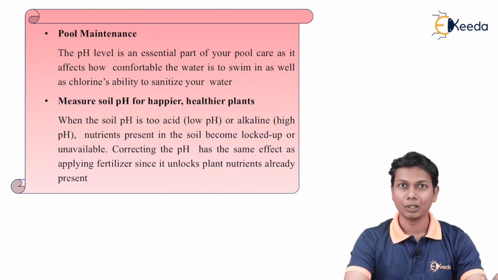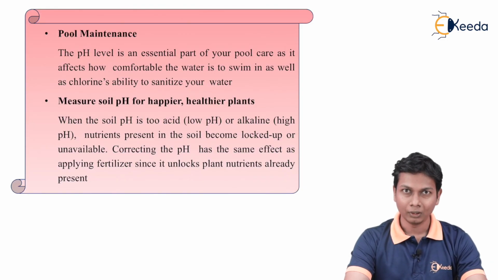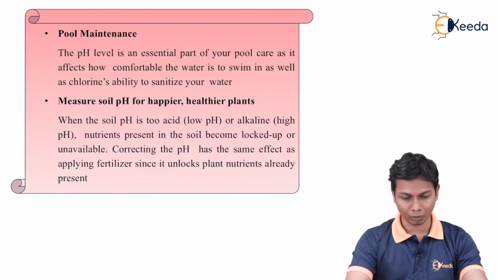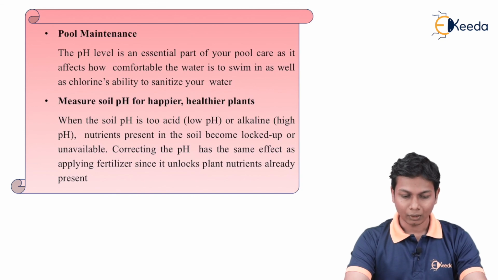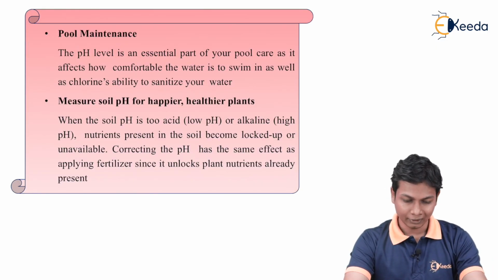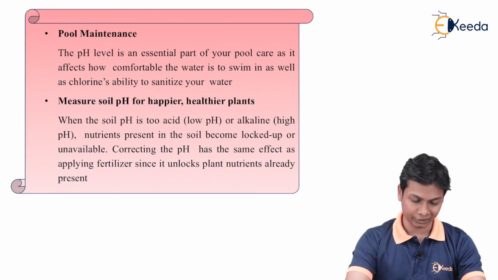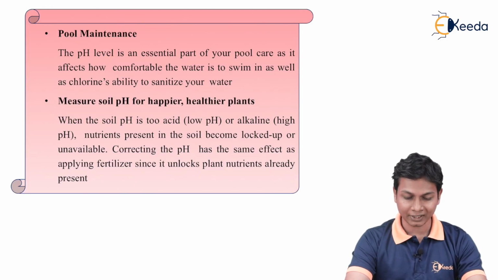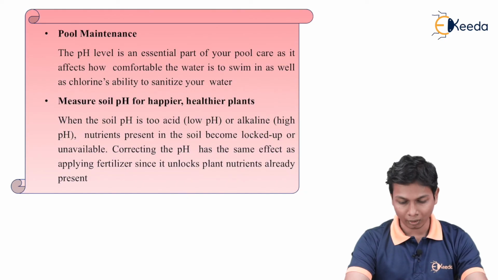So pH plays an important role for the health of crops, where soil that is too acidic has a low pH, or alkaline with a higher pH, causes nutrients present in the soil to become locked up.